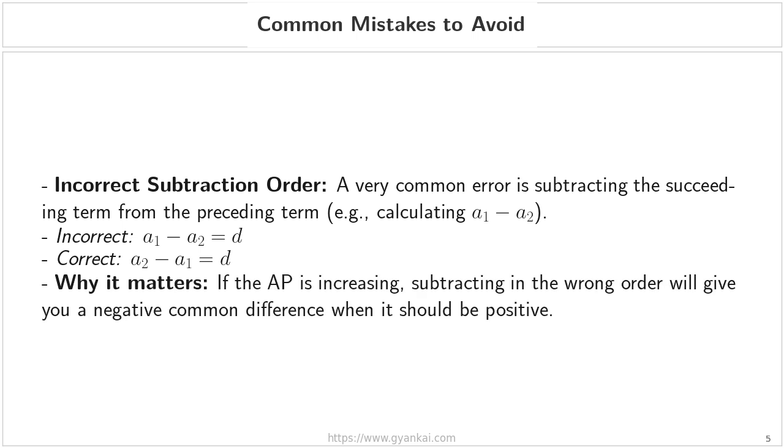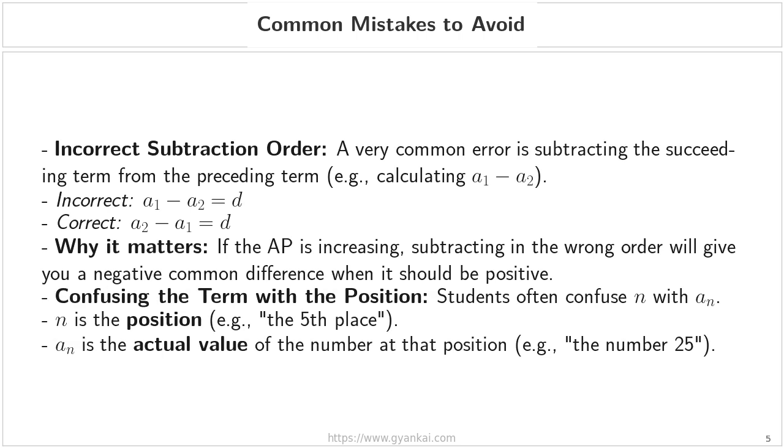Why is this distinction so important? Well, as we saw in our previous example with the piggy bank, if the sequence is increasing, your common difference should be a positive number. If you subtract in the wrong order, you will end up with a negative common difference, which completely changes the nature of your progression. The second mistake to watch for is confusing the term with the position.